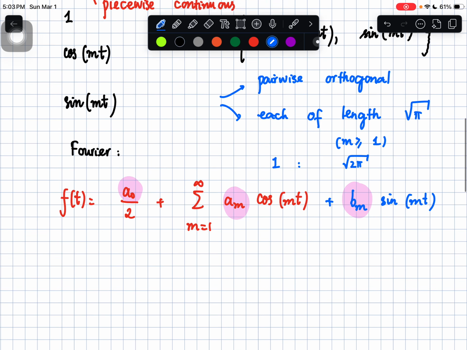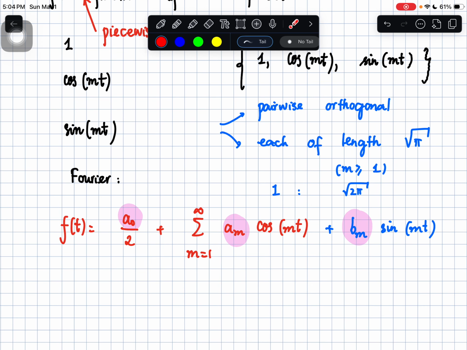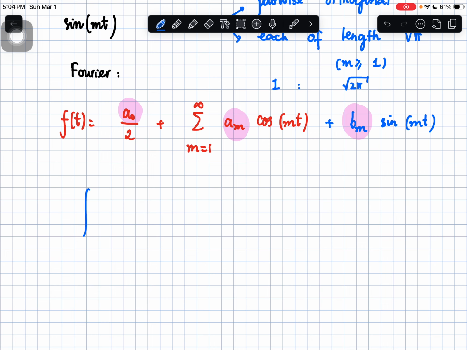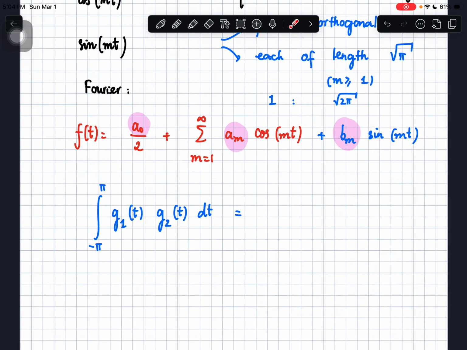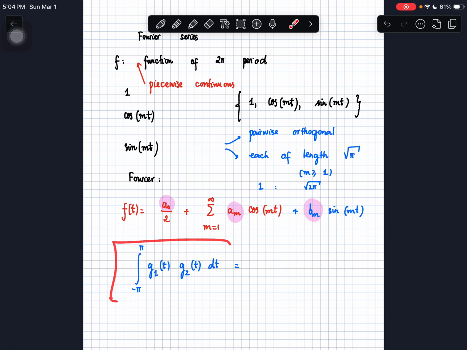They are pairwise orthogonal. This means that if I take the dot product, or inner product, between any two different functions of those, then it will be 0. The inner product we use is the integral from minus pi to pi of the first function g1 times the second function g2 dt. For convention, we will use the interval from minus pi to pi.